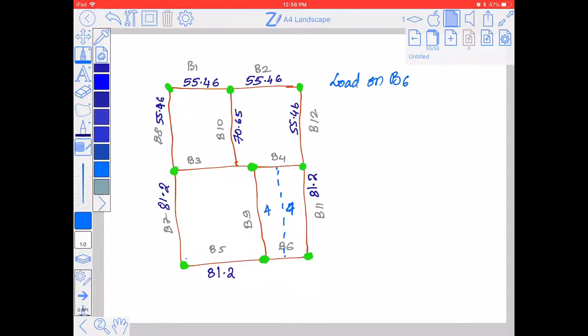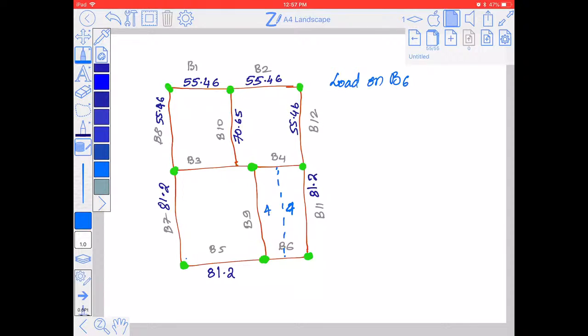Can anybody tell me which load is acting on B6? Wall load. Perfect. Okay, Ravi Kumar, Nandipati Ravi Kumar. Fine.